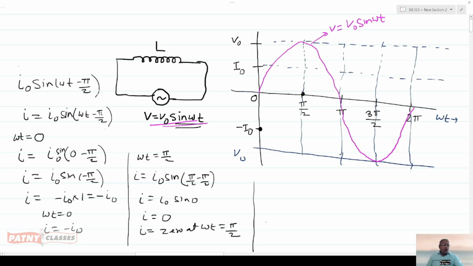After that, let us take omega t equals pi. When omega t equals pi, what do you get here? I equals I naught sin of pi minus pi by 2, so I equals I naught into sin pi by 2, that is I equals I naught into 1.